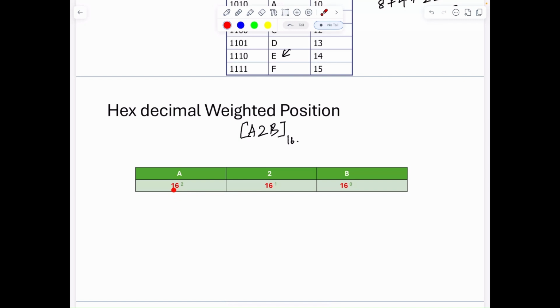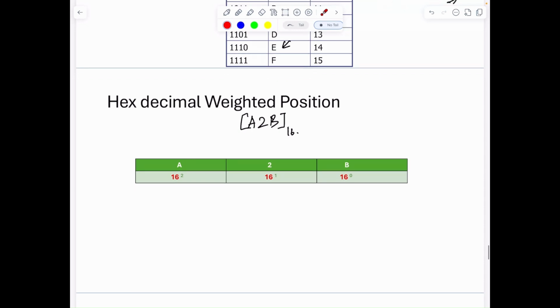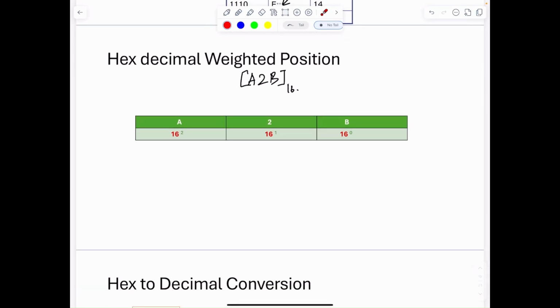What that means is I have 16 power 0, 16 power 1, 16 power 2. This is the 16 power 0 position. There is 1 16 here. There is 16 square, like that many 16s are there. 256. Like 10 square in decimal, we have 16 square here.